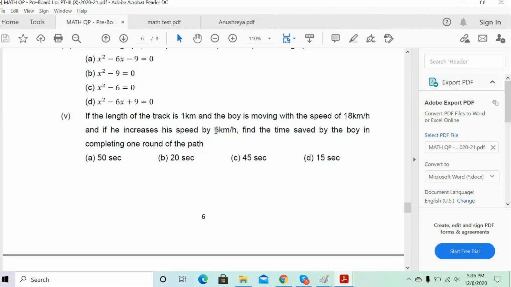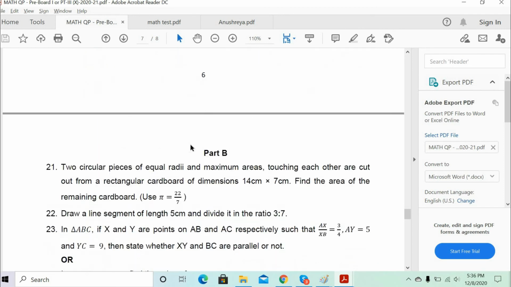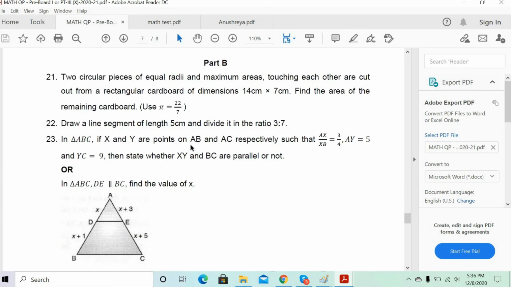Look at this. Speed is given in kilometers per hour, and the distance is also in kilometers. But we need to find the time saved in seconds. So make sure the conversion is there, because hours have to be converted into seconds. Otherwise, the answer will go wrong.